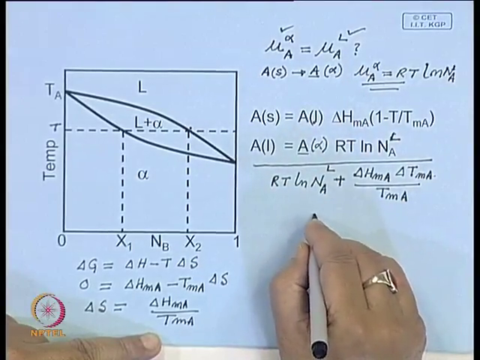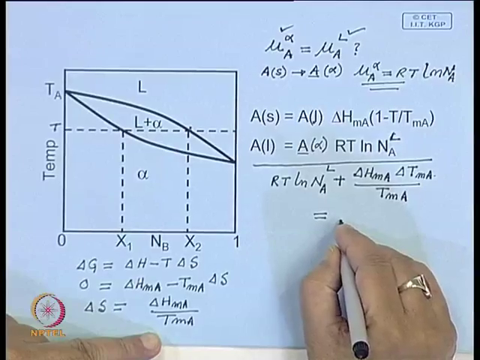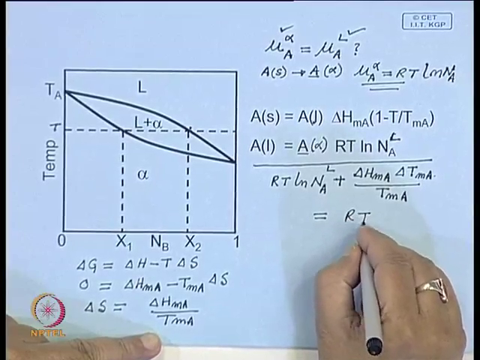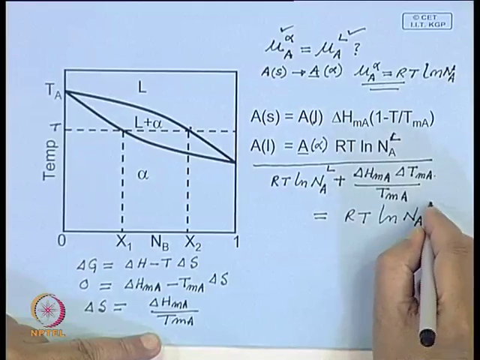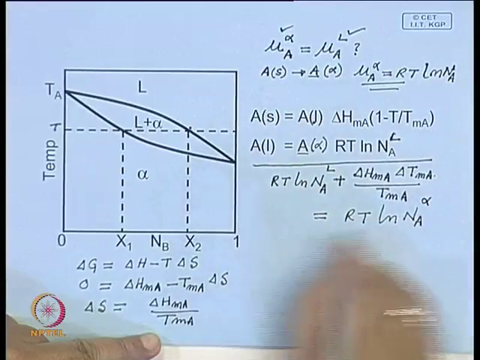So, this is equal to RT ln N A in alpha.